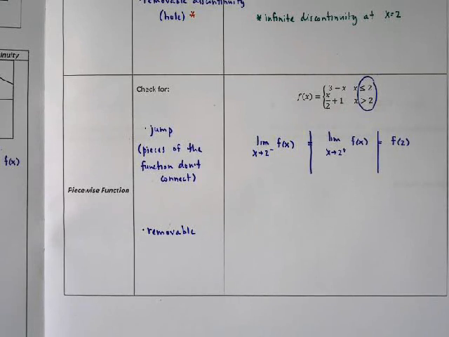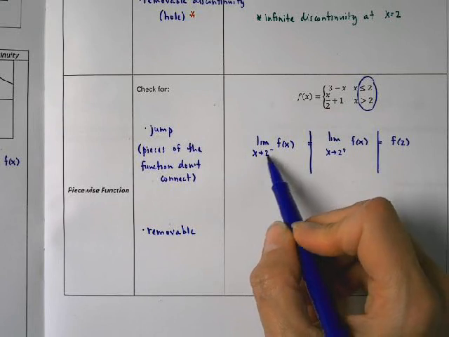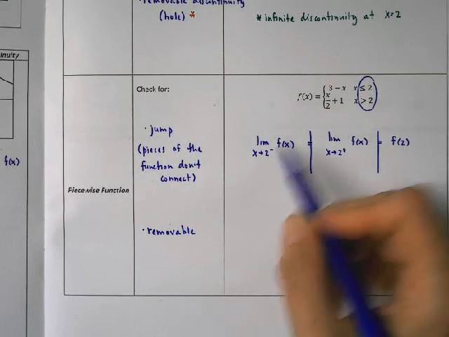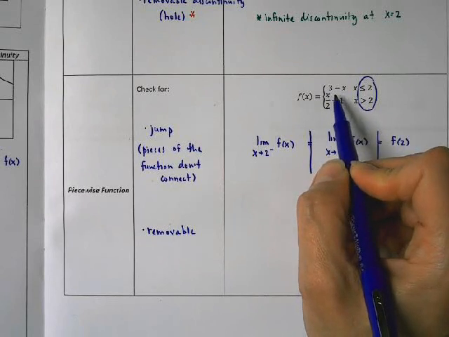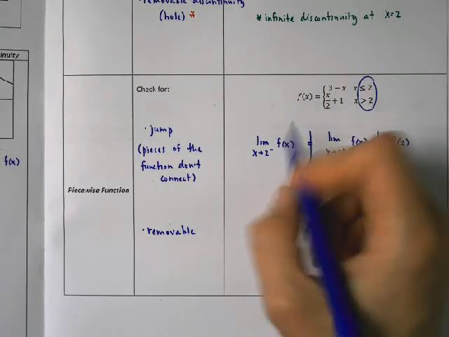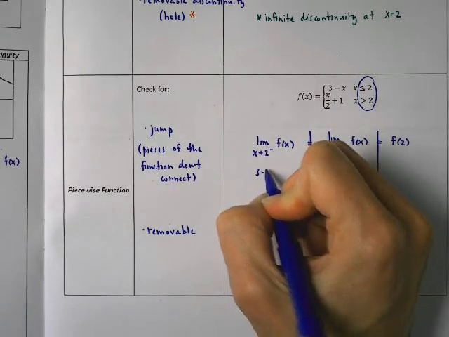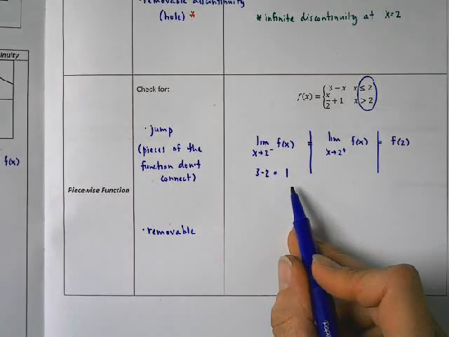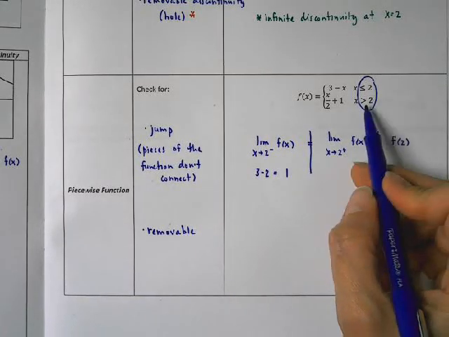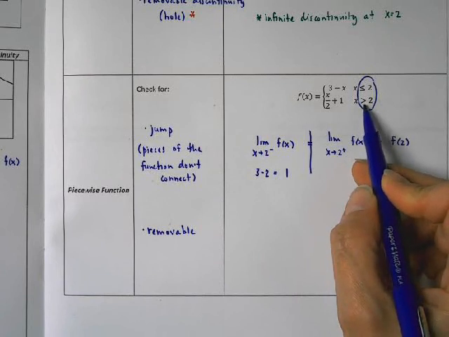So now we need to pull back what we know about limits. If I'm finding the limit as x approaches 2 from the left, I know I care about this piece of the function. And our first rule of limits said to just try and plug 2 in. I know 3 minus 2 is 1, so my limit from the left is 1. Now, from the right-hand side, I care about this piece here.